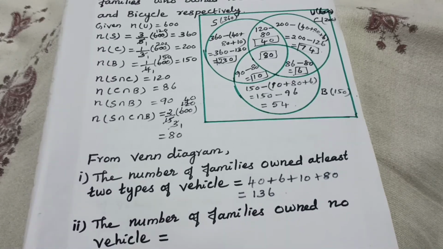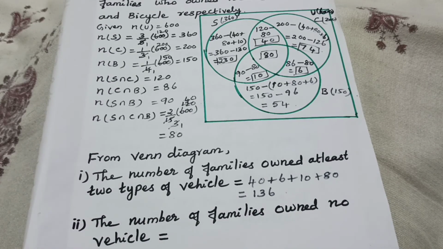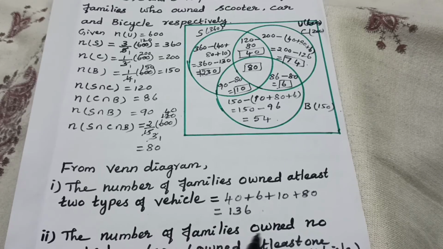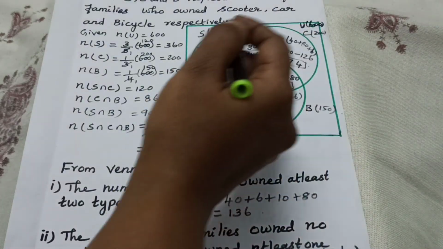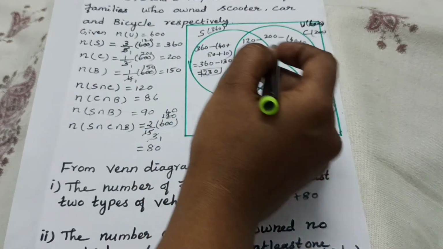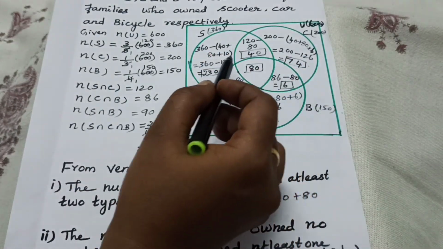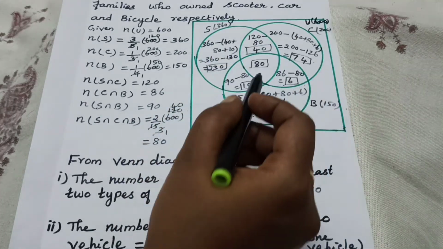Okay, then the second question is the number of families that own no vehicle. The number of families that own no vehicle means total number of families, from here we have to subtract those who own at least one vehicle. How many of them are using at least one vehicle, we have to subtract.